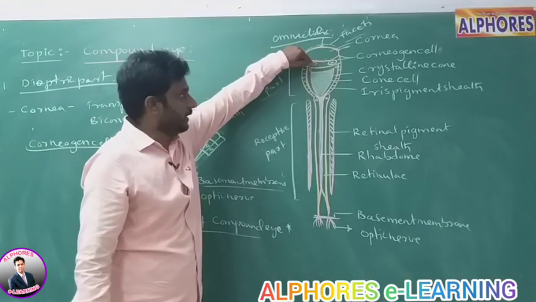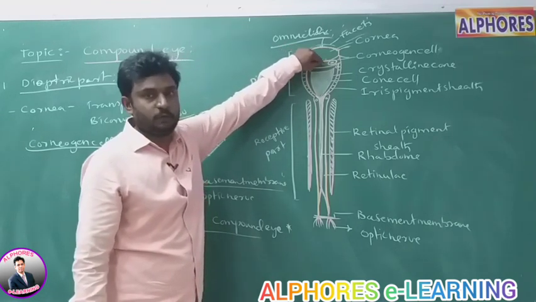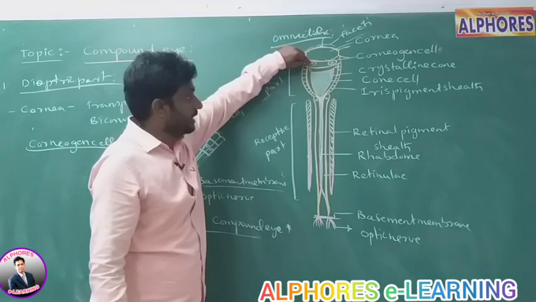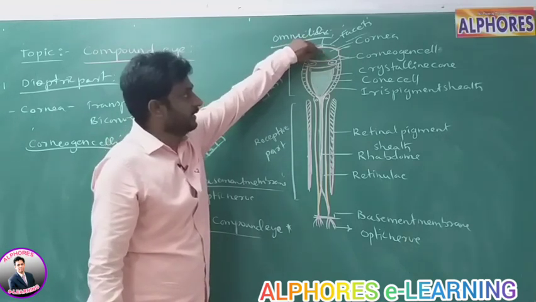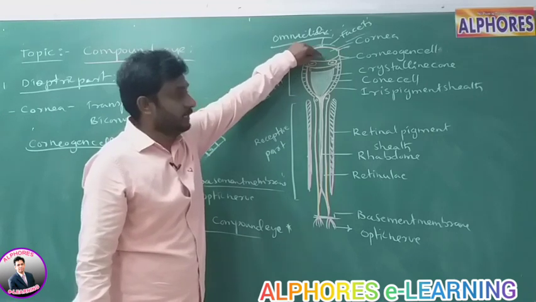Just below the cornea, one pair of cells are present which are called corneagen cells. These corneagen cells secrete the cornea.